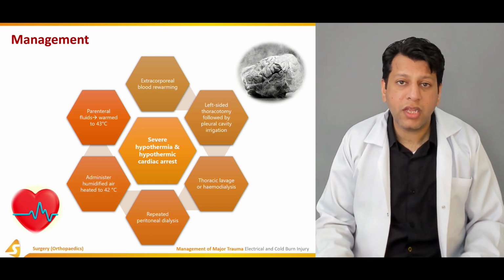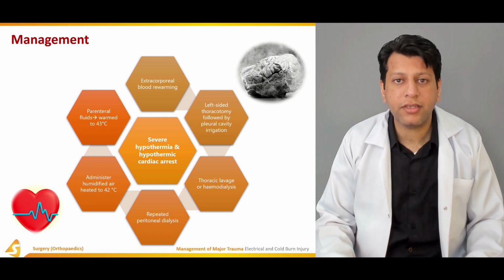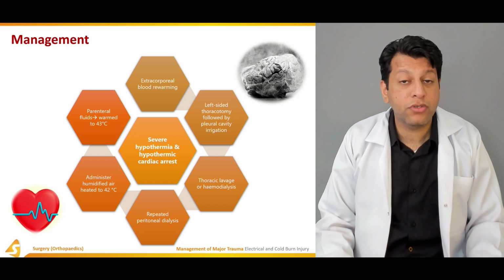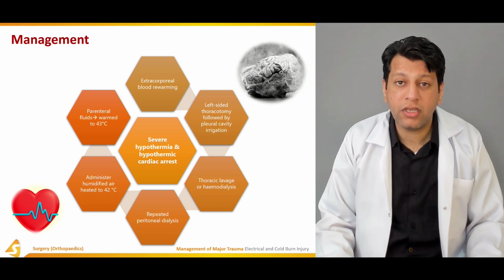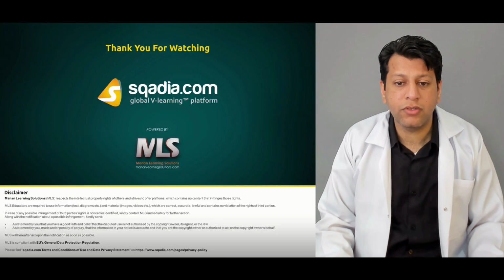But severe hypothermia is an emergency, and it has to be dealt with as quickly as possible, because it can eventually lead to cardiac arrest and even the death of the patient.